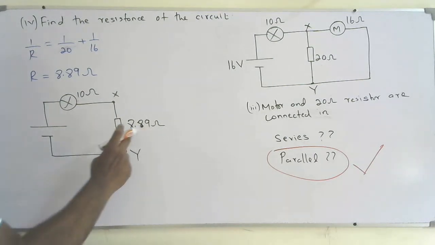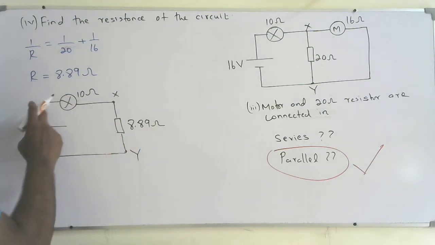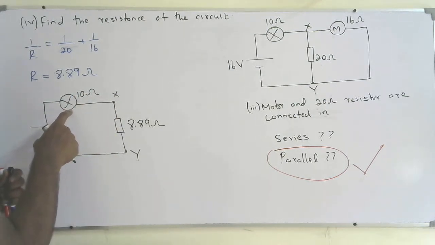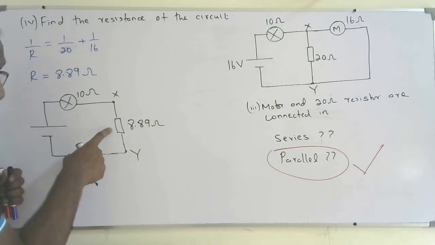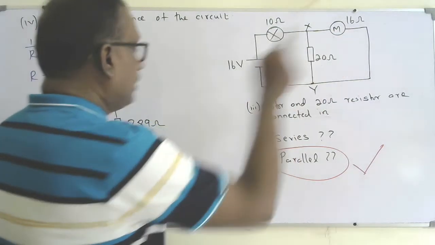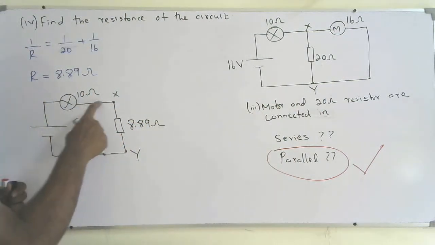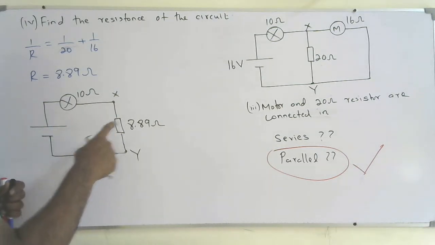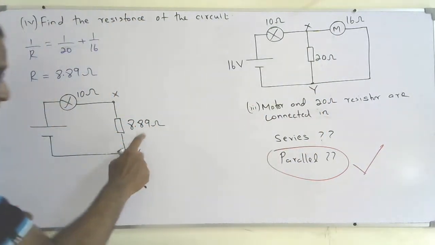Now you can see this 8.89 and 10 ohm. How are they connected? They are in series. You can see there is no junction or branch between the bulb and the equivalent resistance of these two. I connected across the junction. There is no junction or branch. So they are connected in series, right? So I solved these two and got the equivalent resistance.